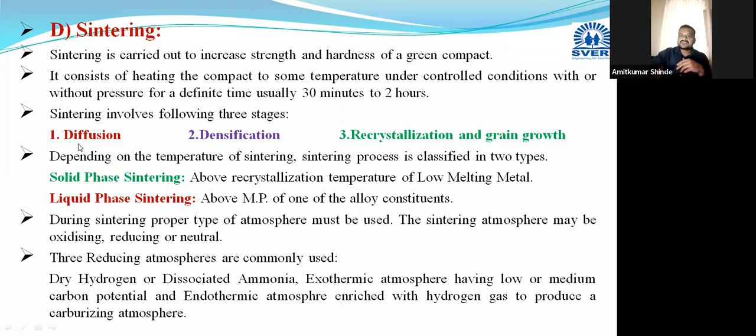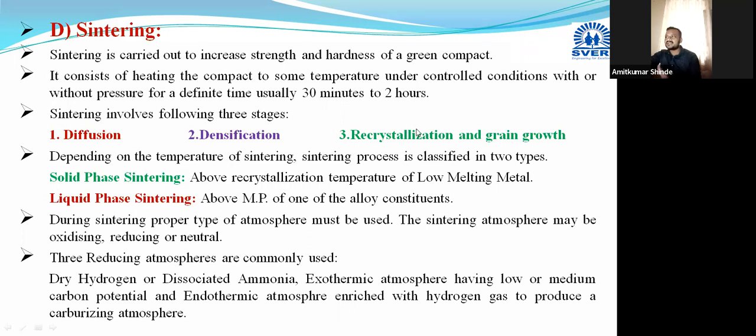And due to this diffusion, porosity decreases and a decrease in the compact size will occur, and this decrease in compact size is termed as densification. And due to the diffusion and densification, formation of new grains will start. That is termed as recrystallization.